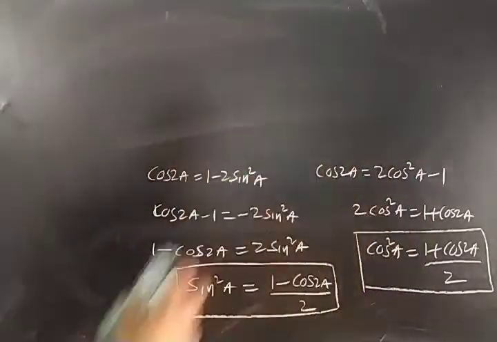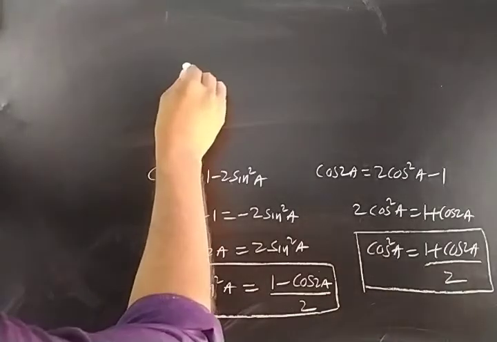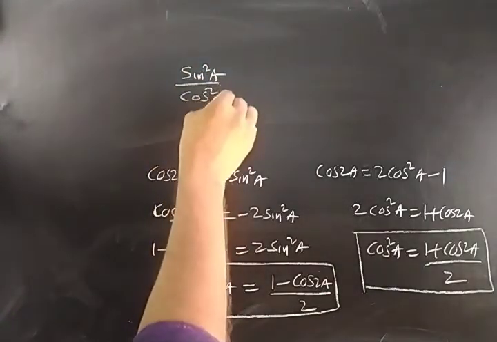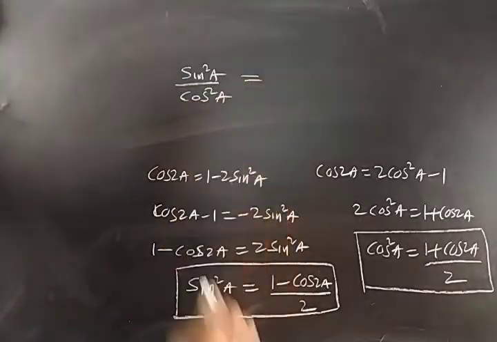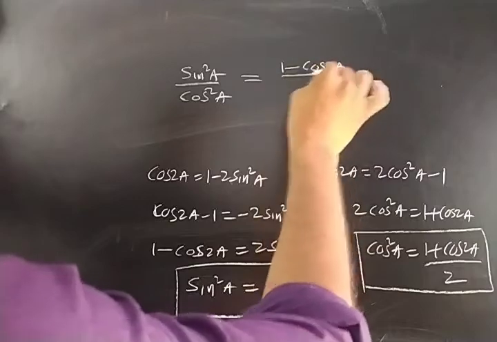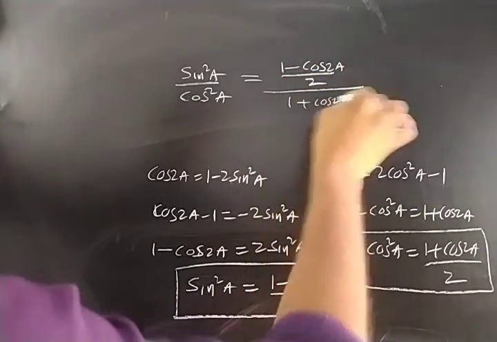This is the second identity. And for the third identity, divide these two identities, sin square A by cos square A. On the right-hand side you will get 1 minus cos 2A by 2 over 1 plus cos 2A by 2.